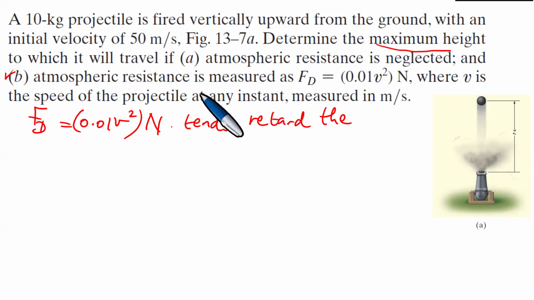Right, so at this point, if this is the atmospheric resistance, this is the drag, opposing the motion of the projectile. And if the drag acts on the projectile, then it tends to do what? It tends to retard the upward motion. Okay, when this is going up, then hang on, this is saying go down.